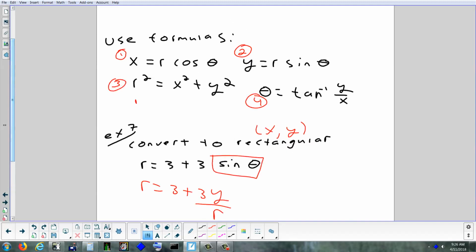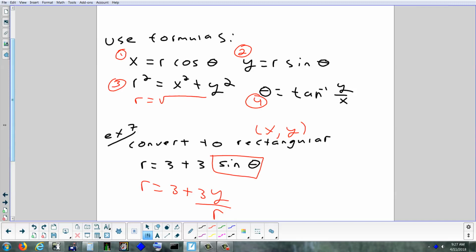And using formula 3, what would r equal? I see what you did, but you can't do that. Can you go back a step and just explain how you got what you got, and we'll just stop there. The square root of x plus y.